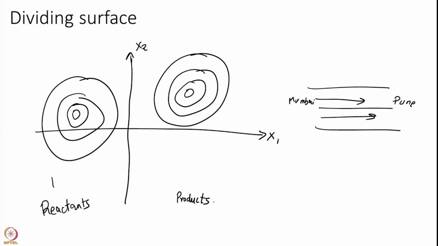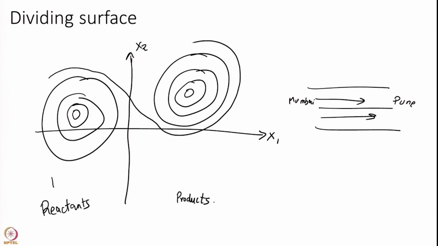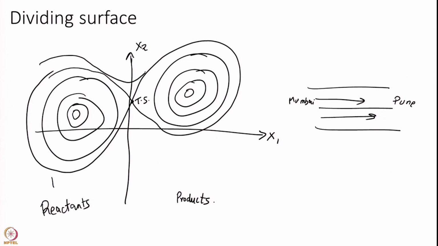And if you have a reactant or a product, typically you will have a minima, a bowl shaped like this. And the transition state, I am sorry, that should not have happened. Something like this. This point is a transition state. I am just bad at drawing, these contours should never touch each other.